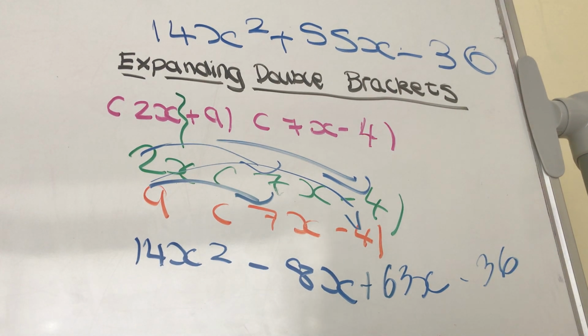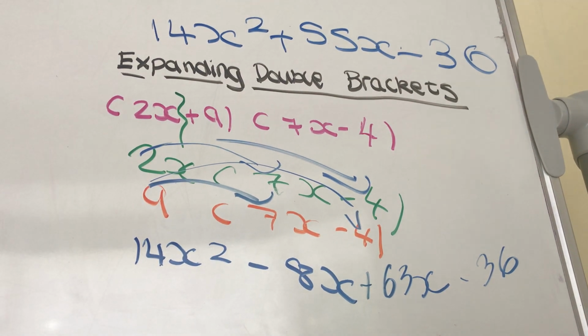Then, just like we did earlier, we want to use these like terms. So there's no other x squared, so this cannot be simplified any further. And there is no other just number, so that negative 36 cannot be simplified any further. However, we can simplify our x's.